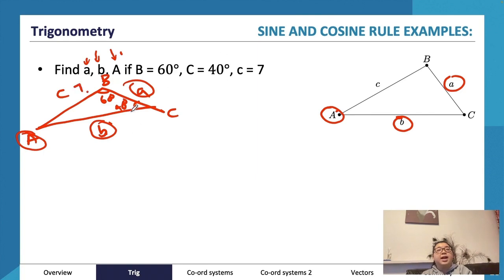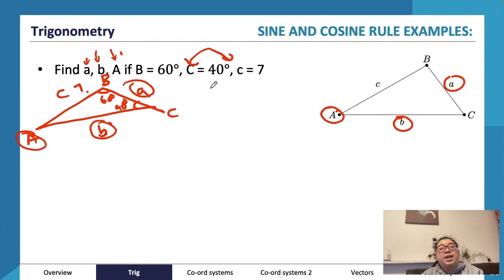What we can see here is that we have one pair: we have C and little c here, and we have our B left over as well. So this will enable us to find out what our b value is.